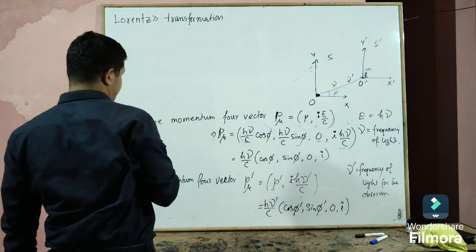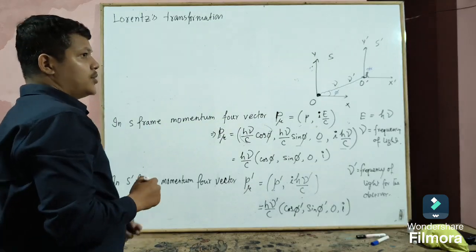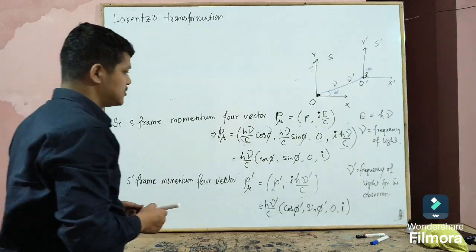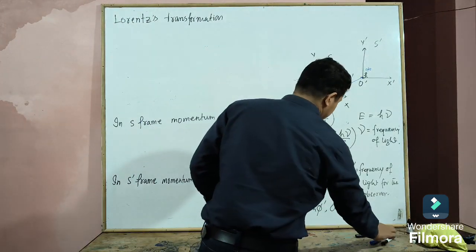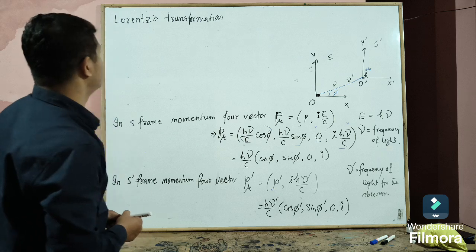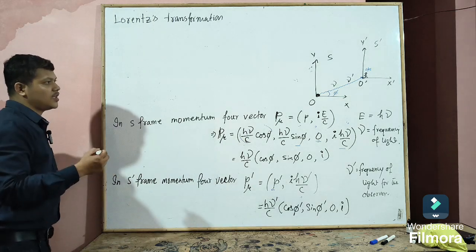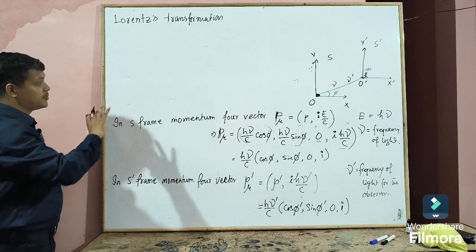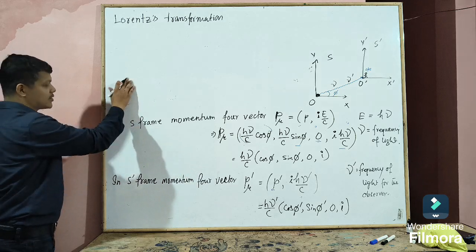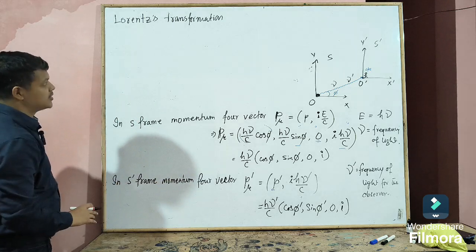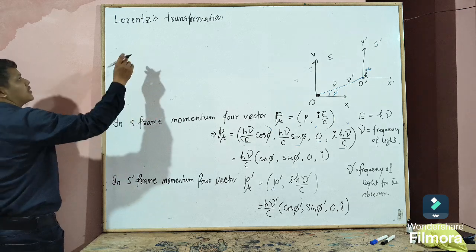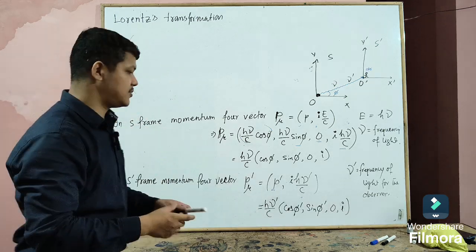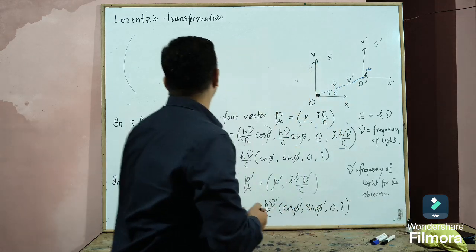Right. So here you see, according to Lorentz transformation, just wait, let me write a matrix form of Lorentz transformation of this momentum. So here, let me use another marker here.